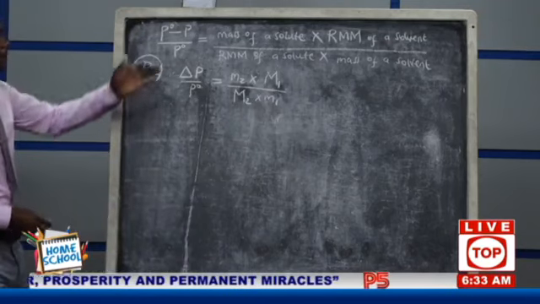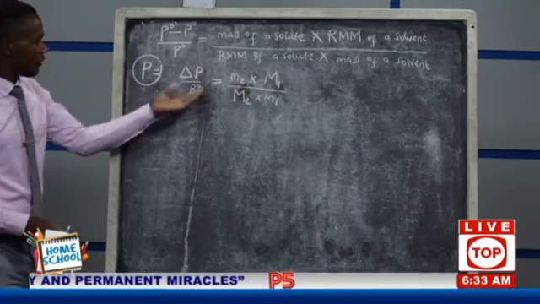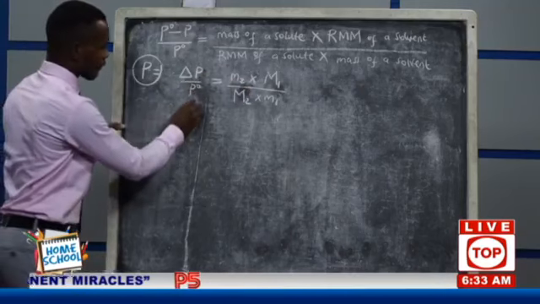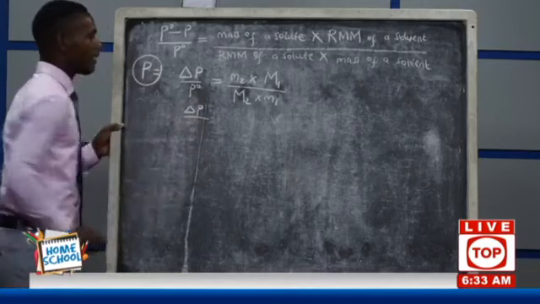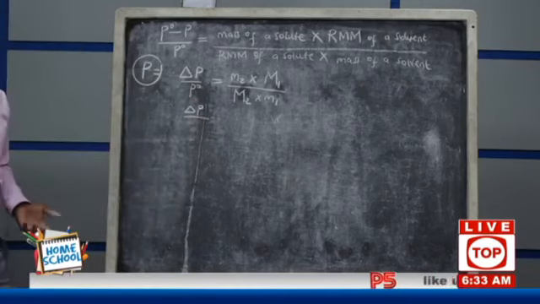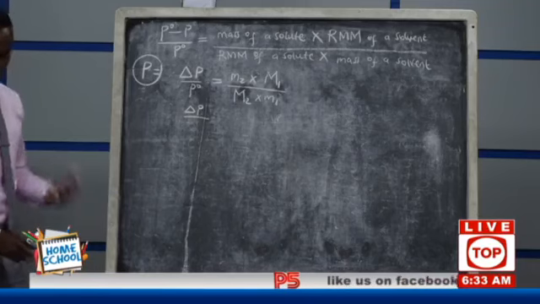Okay, M2 we don't have it, so we shall say that divided by P naught. We have been given P naught.